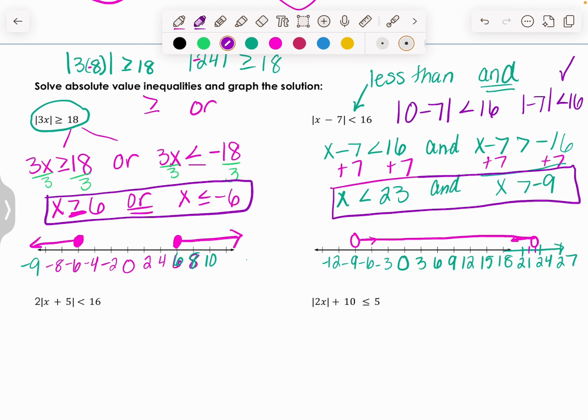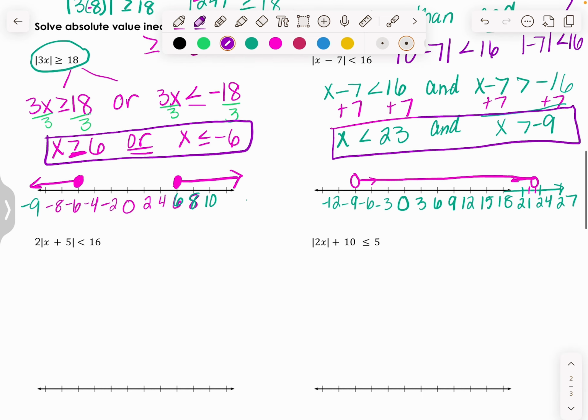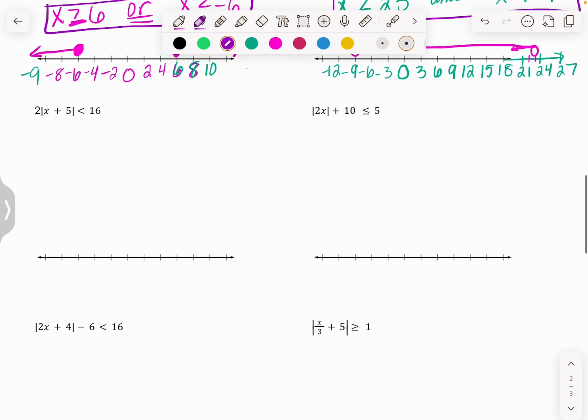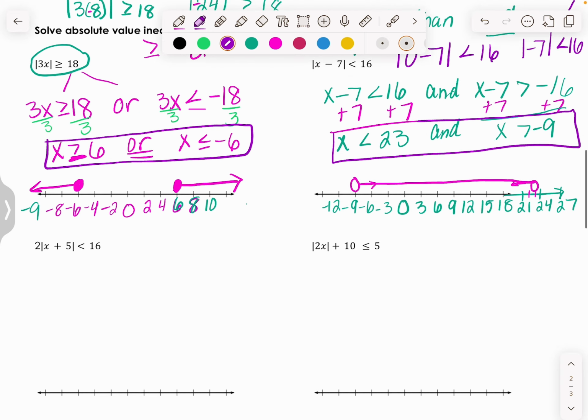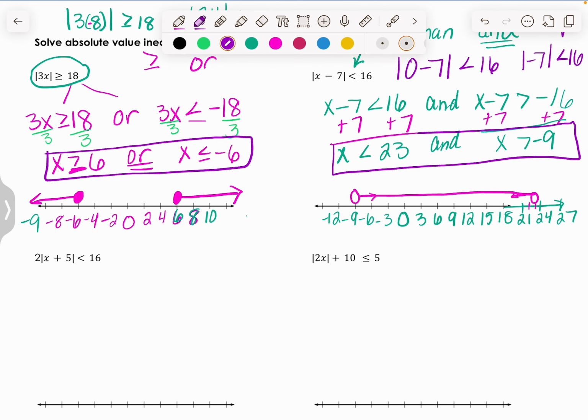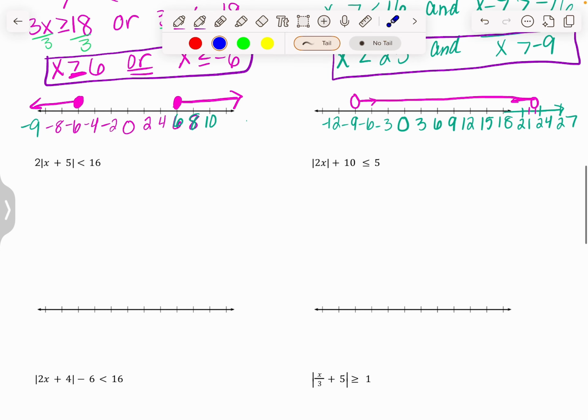All right, the next two examples are a little bit trickier because before you can do the step where you split it into the two equations, you do have to make sure that the absolute value piece is all by itself on one side of the equation. So in this case, you have this 2 out front.